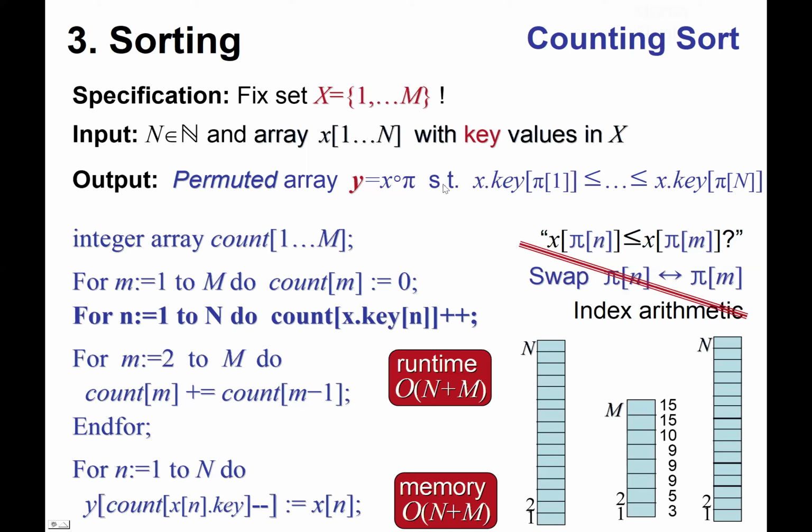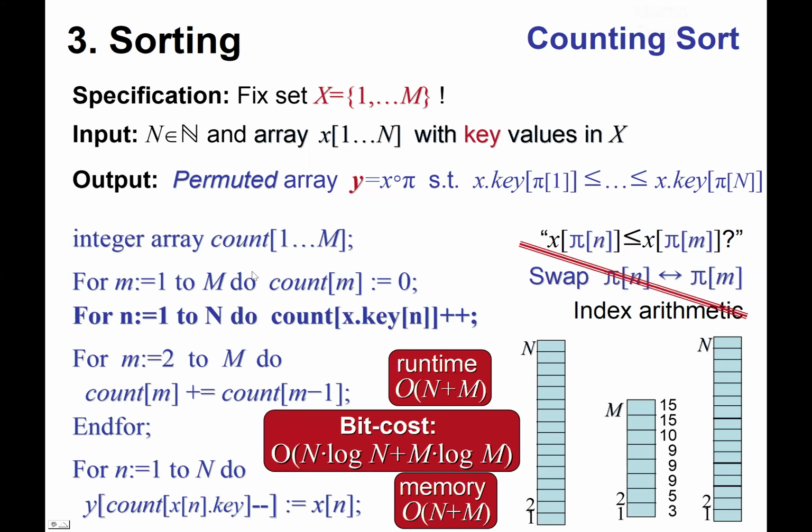So here you see our runtime analysis and our memory use of counting sort in the unit cost, only counting the number of operations and only counting the number of array items. But of course, each array item also has a certain bit length. And what you see here now is the bit cost of counting sort.